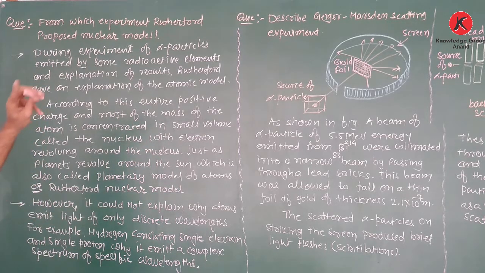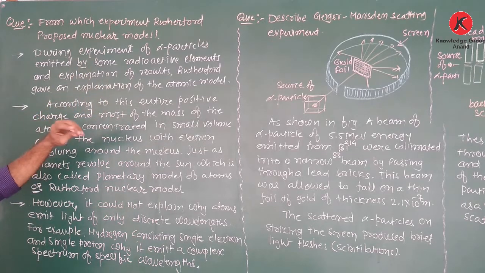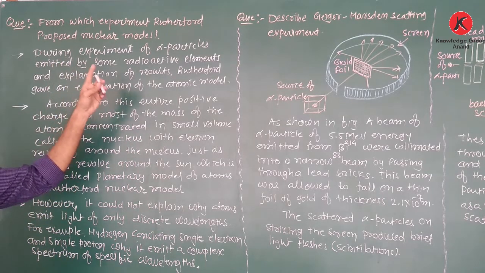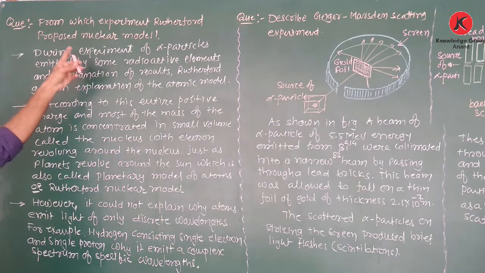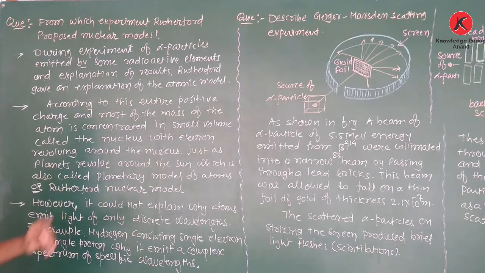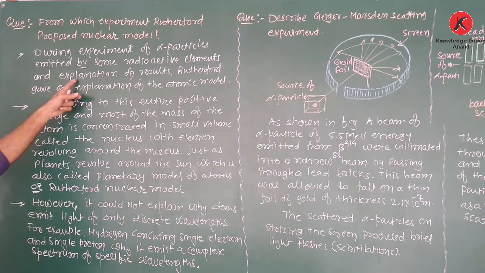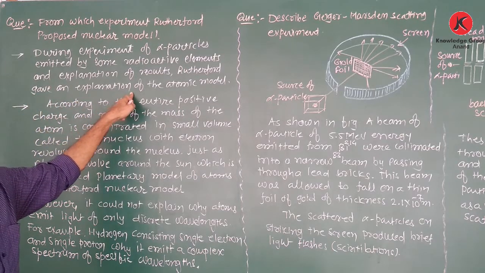During the experiment on alpha particles emitted by some radioactive element, and the explanation of the results, Rutherford gave an explanation of the nuclear model. So, during the experiment with alpha particles emitted by some radioactive elements and the explanation of the result, Rutherford gave an explanation of the atomic model.